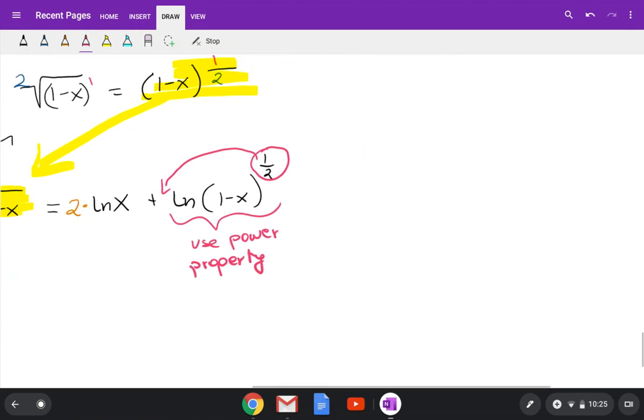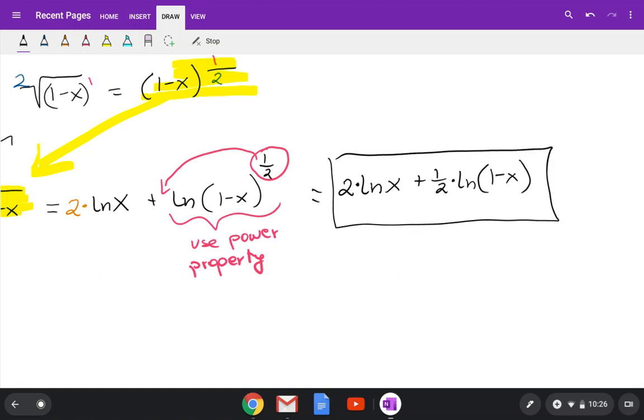So that will be, let me copy that, 2 ln of x plus 1/2 times ln of 1 minus x. And that's it. That's your final answer, okay? When you have an expression next to log and it's a difference, there's nothing you can do with that, okay? So this is our final answer.